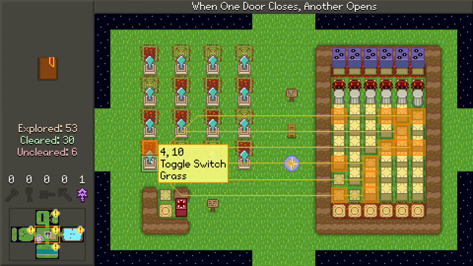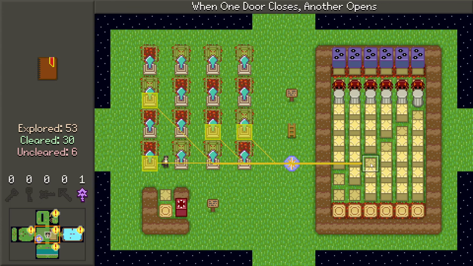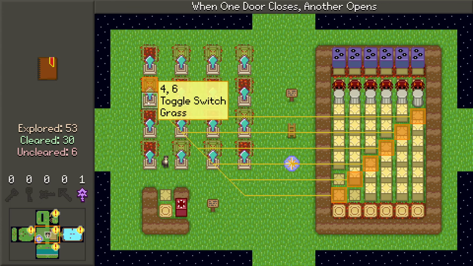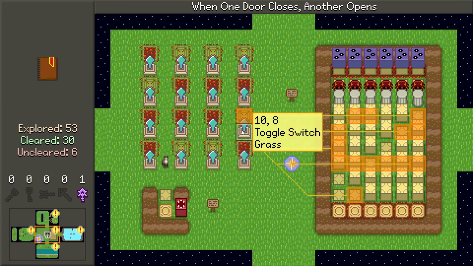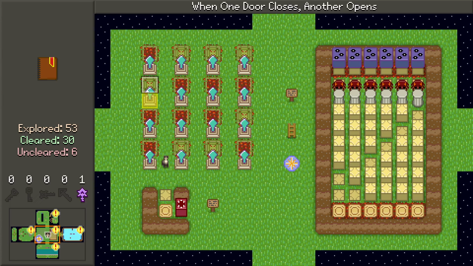So I can determine that 4-10 must toggle, right? I think this... Yeah, because I know that between 4-6, 8-8, and 10-8, there must be exactly 2 toggled, an even number, and I need an odd number for 1810.